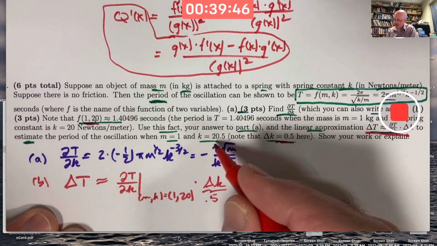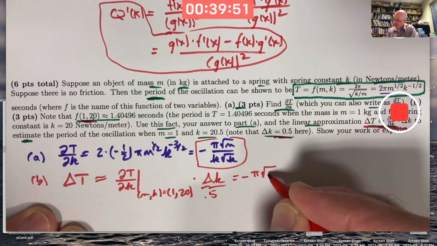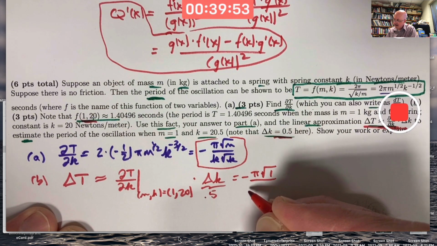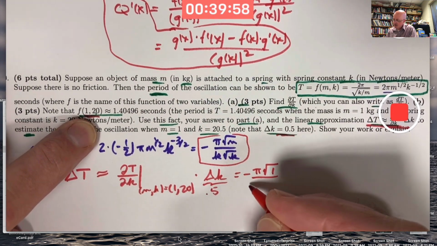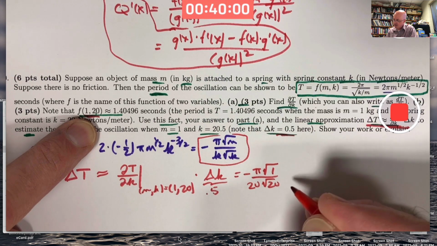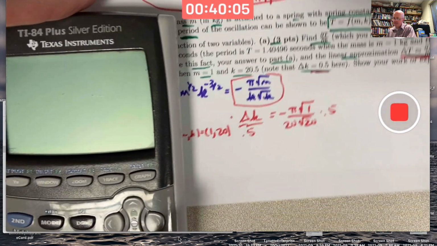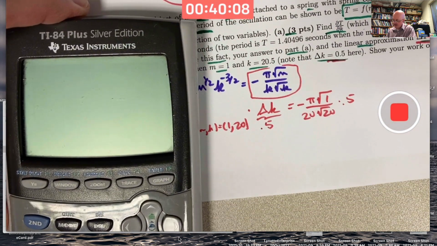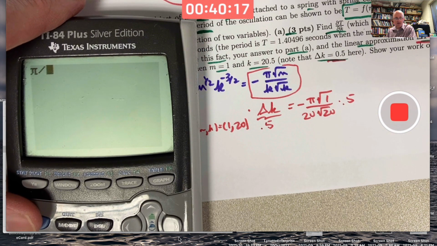This derivative needs to be found with this formula, plugging the numbers in. So this is negative pi square root of m, square root of 1, divided by k times square root of k, using the original k, not the new k, 20 times square root of 20, or 20 to the 3/2 power, times 0.5. That derivative, let's go ahead and find it. I'll put the negative sign on at the end. Pi times 1 divided by, I'll do it as 20 to the 1.5 power.